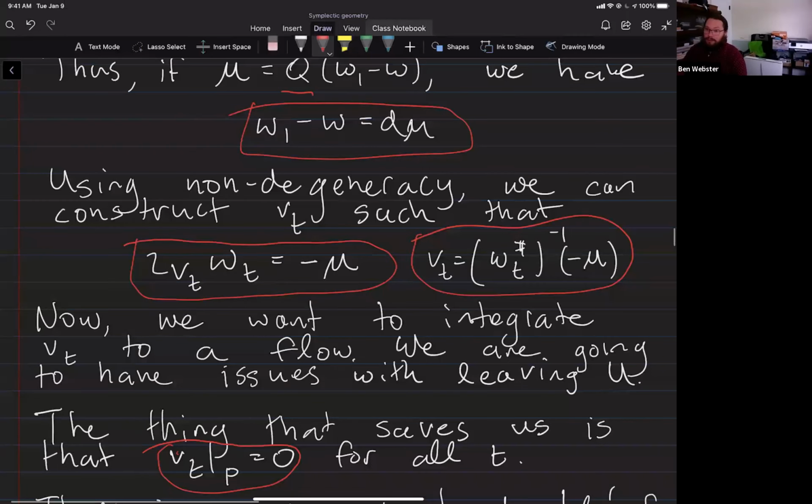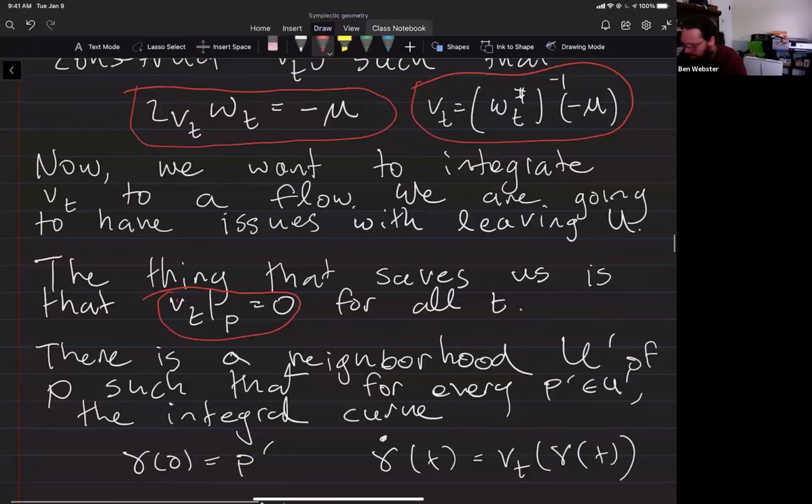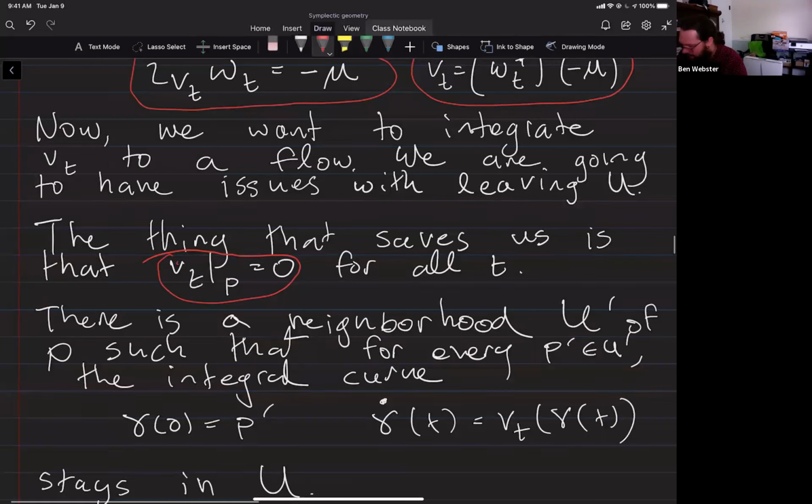Go look at the formula for Q. The formula for Q involves integrating. If I'm staying at the origin the whole time and the form is always 0 there, you'll see my formula for Q is 0 in that case. So this vector field vanishes at the origin. And that's the thing that saves us.